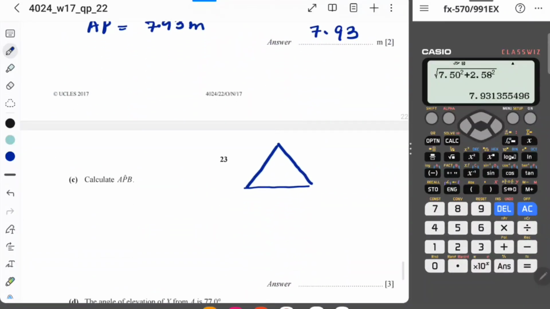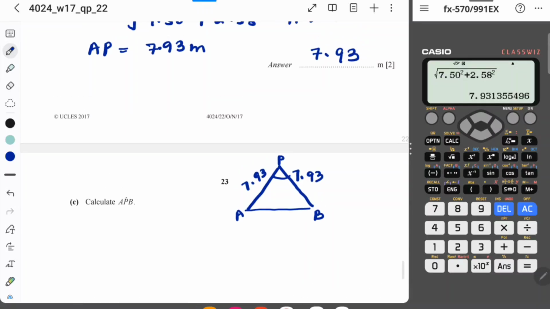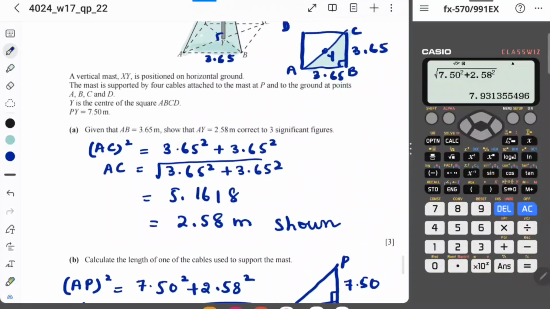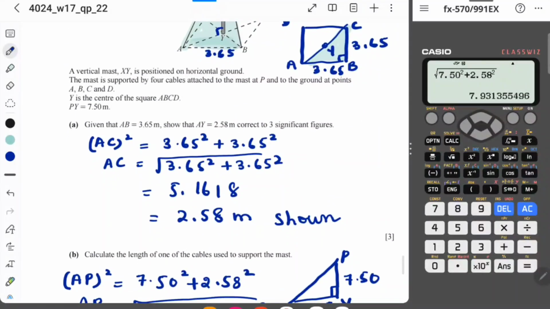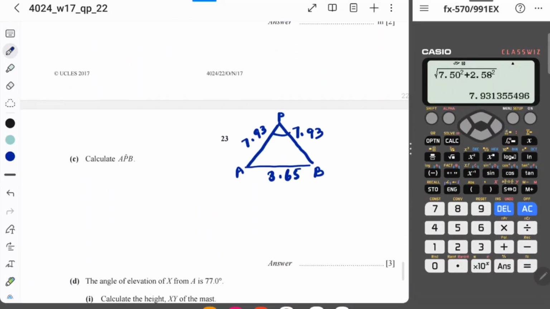So 7.93 and 7.93, A to P to B, and the bottom one is 3.65. Obviously you know that when all three sides are given in a non-right angle triangle, then we use the cosine rule to calculate any of the angles in that triangle. So just keep it in the formula and find your answer.